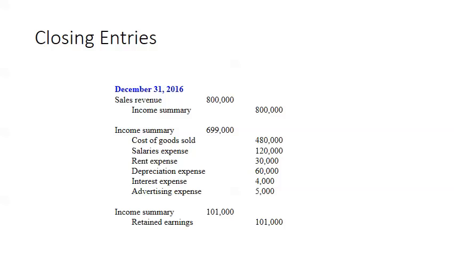In this particular one, we only had one revenue account, and to zero or close it out, well, revenues have credit balances, so we had the debit to close it out against the income summary. And then expenses all have debit balances, so to close them out, we have to credit. So notice these are all credited, and then just add up all these numbers to give you our debit to the income summary.